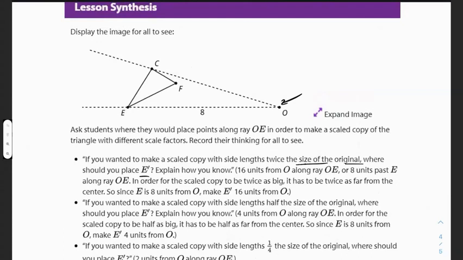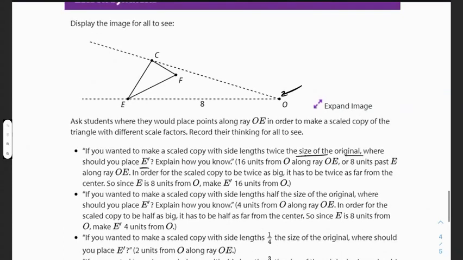And if you were to do it twice the size, well, it's going to be twice as far, right? So they say E right now is 8 units away from O. Well, that means you're going to be 8 more units out here off the screen, with the scale factor being twice as much. So they're kind of hearkening back to scale factors.